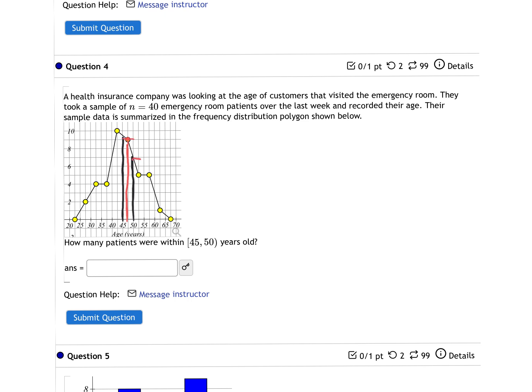The midpoint right there. And there's 9. 9 patients in that range. Because these dots represent the midpoint of the range, which is what you're reporting for that class. And moving on to number 19.